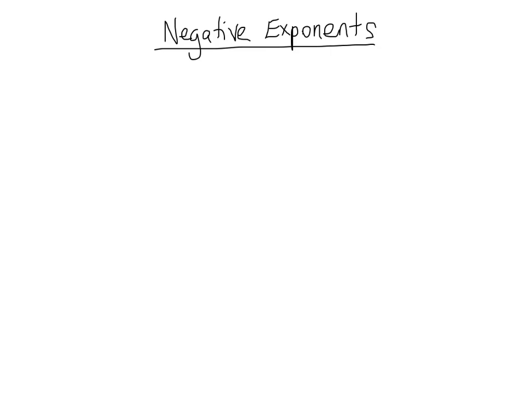Negative exponents are slightly more tricky, but they're not so bad. Let's go over the rule and then talk about why it works. If we have any number, let's call it a, and we raise it to a negative exponent, then in order to make the exponent positive, we have to move it from either the numerator to the denominator or the denominator to the numerator.